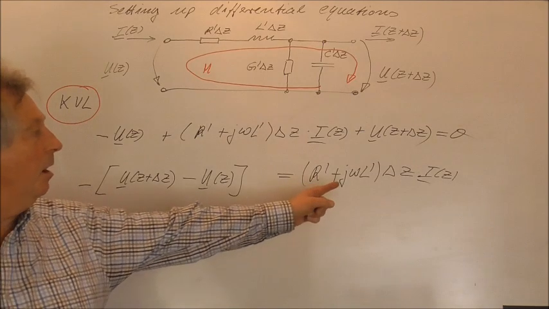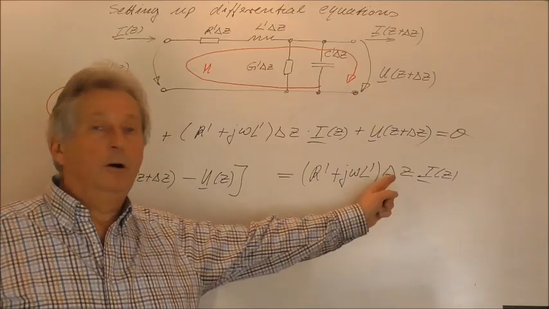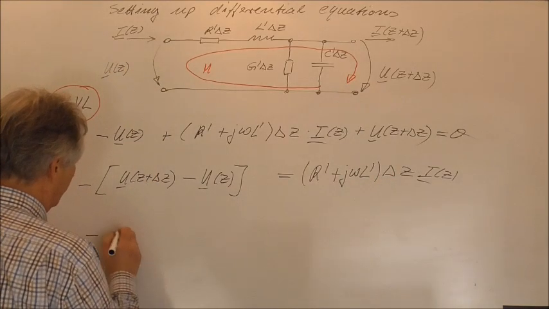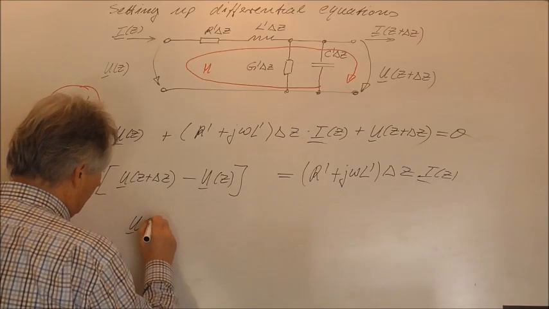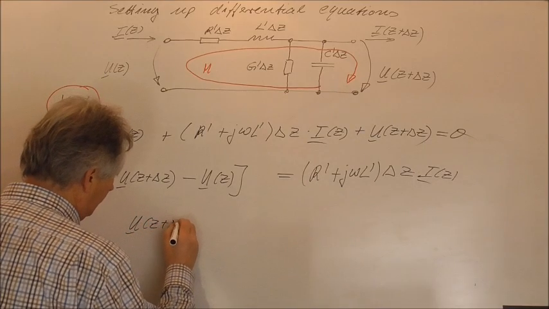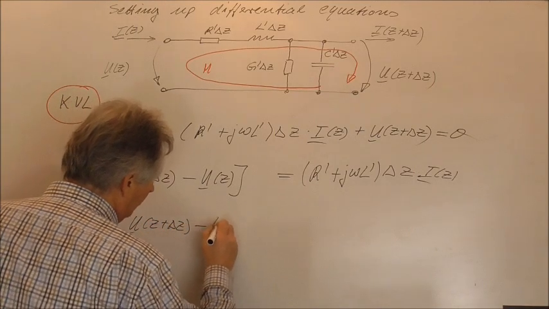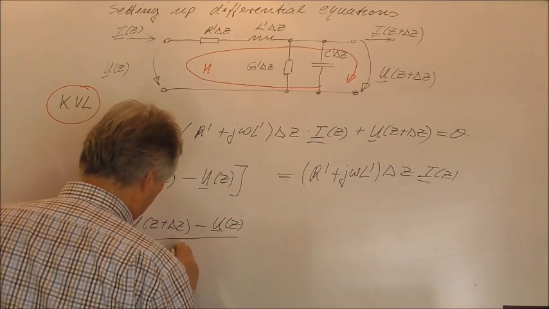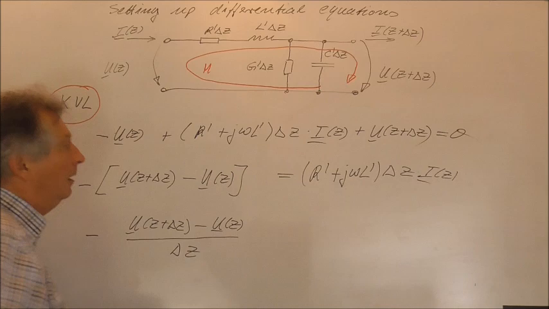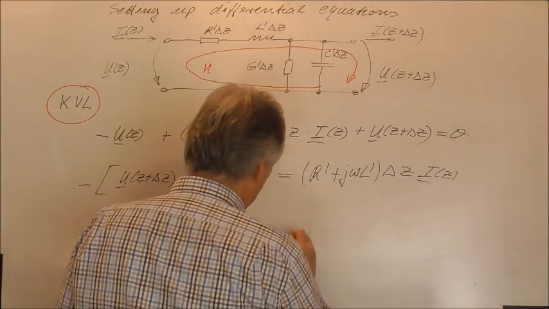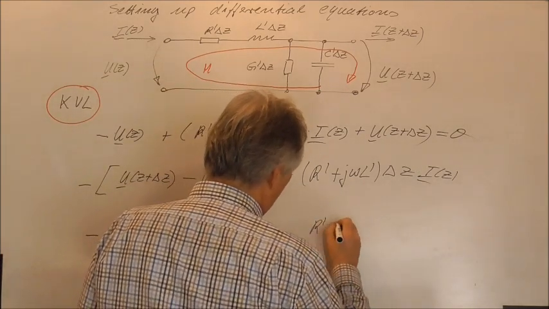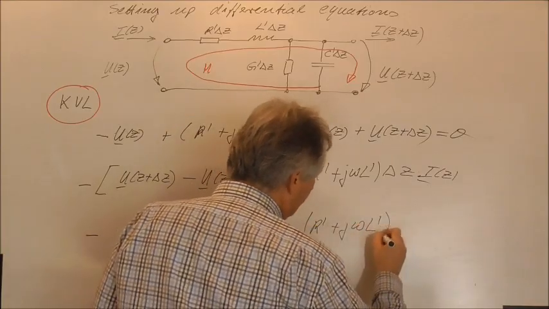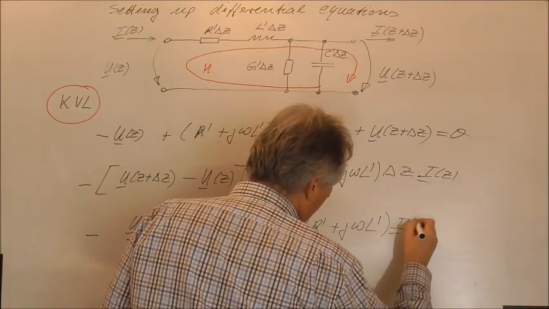What we will do now is divide the whole equation by delta z, and so we end up with minus (u of z plus delta z minus u of z) divided by delta z, and this will be equal to (R prime plus j omega L prime) times I of z.